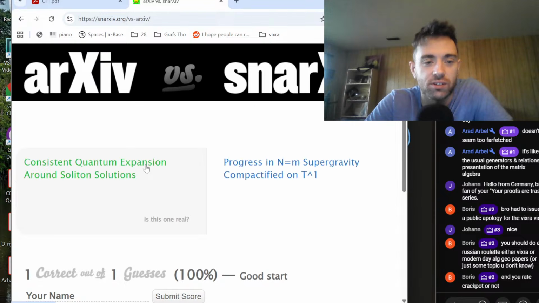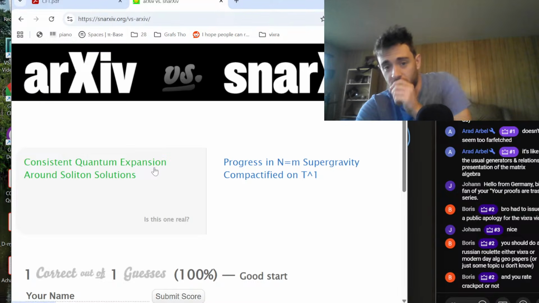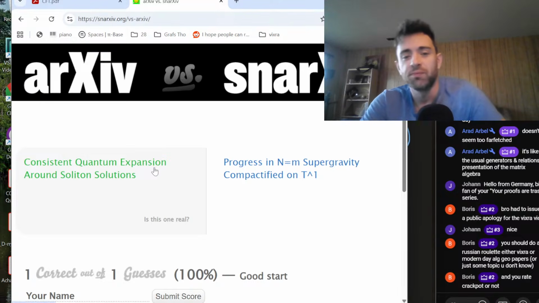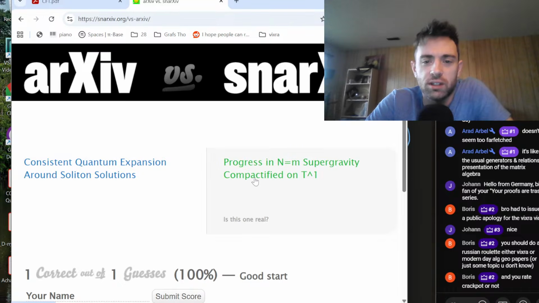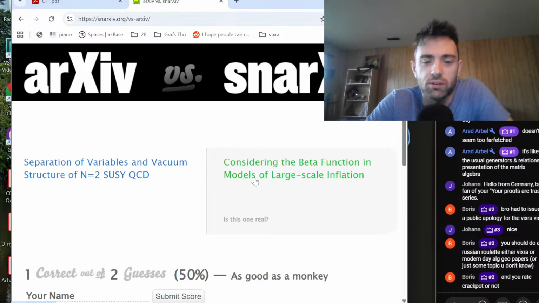I think this one's real. Nice. Consistent quantum expansion around soliton solutions. Or progress in N equals M supergravity. This one. Oh, I was wrong.